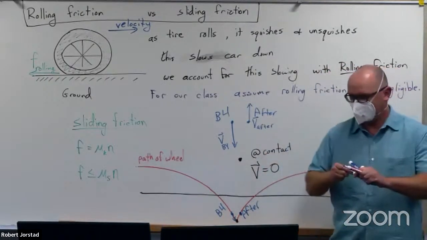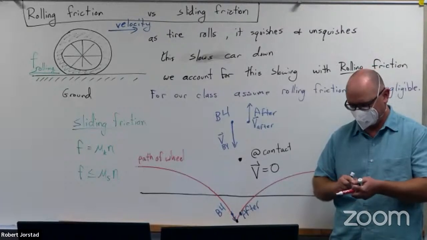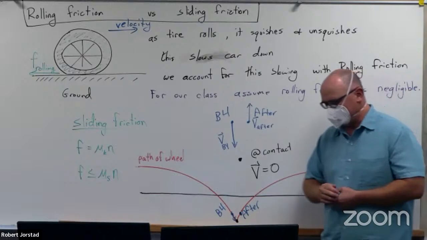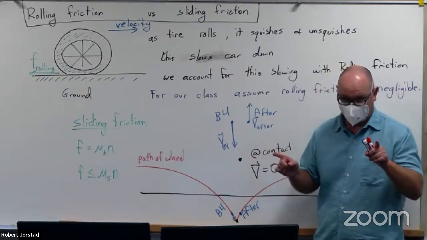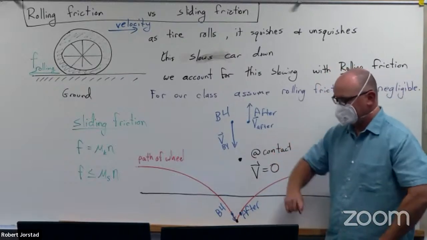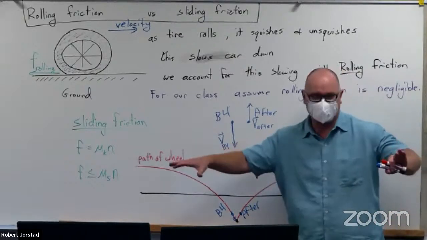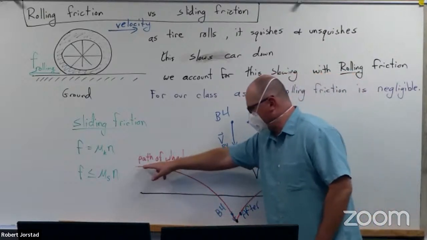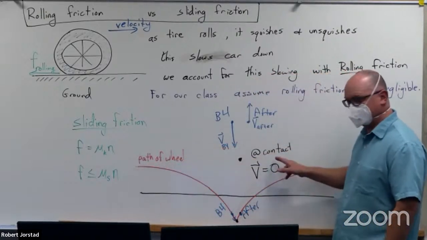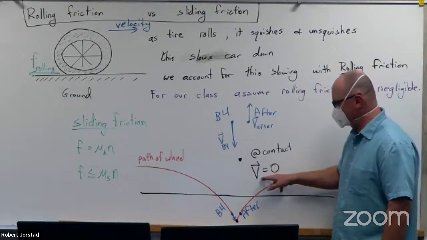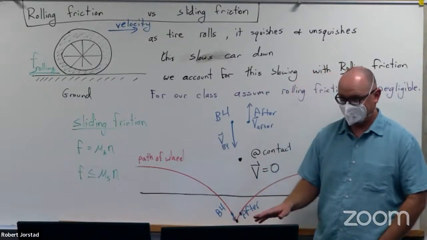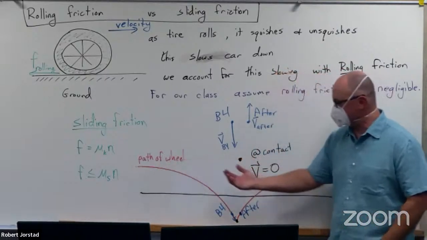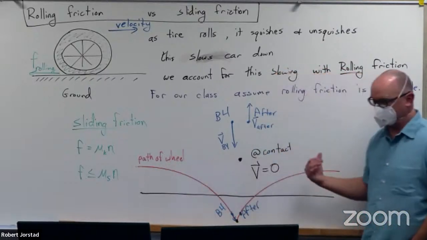Now, if you've ever done a burnout, maybe you understand this. I don't do a lot of burnouts, but a burnout is where you're spinning your wheels but not going anywhere. If you're spinning your wheels, you don't go anywhere. It's only when the wheel happens to have this unusual property of not moving at the point of contact that the road speed matches the wheel speed and the thing actually rolls forward.